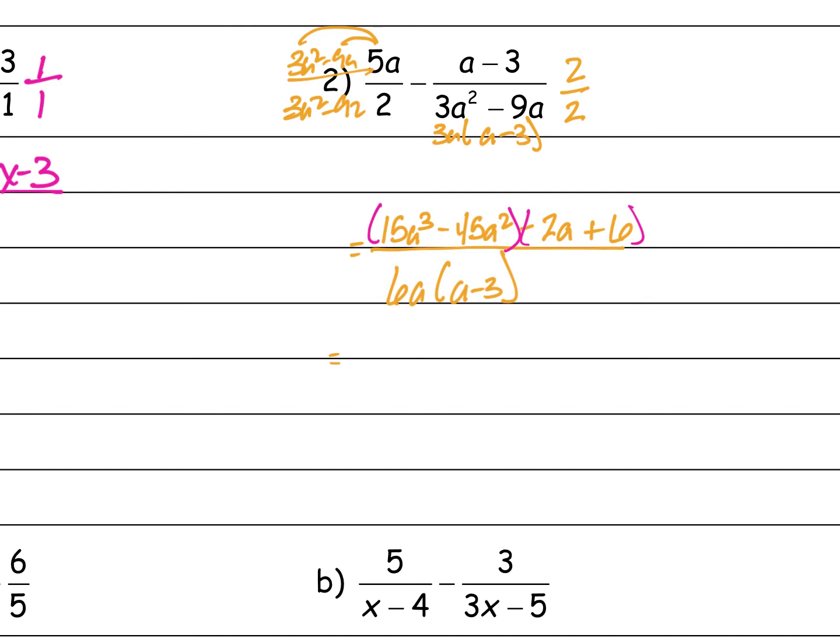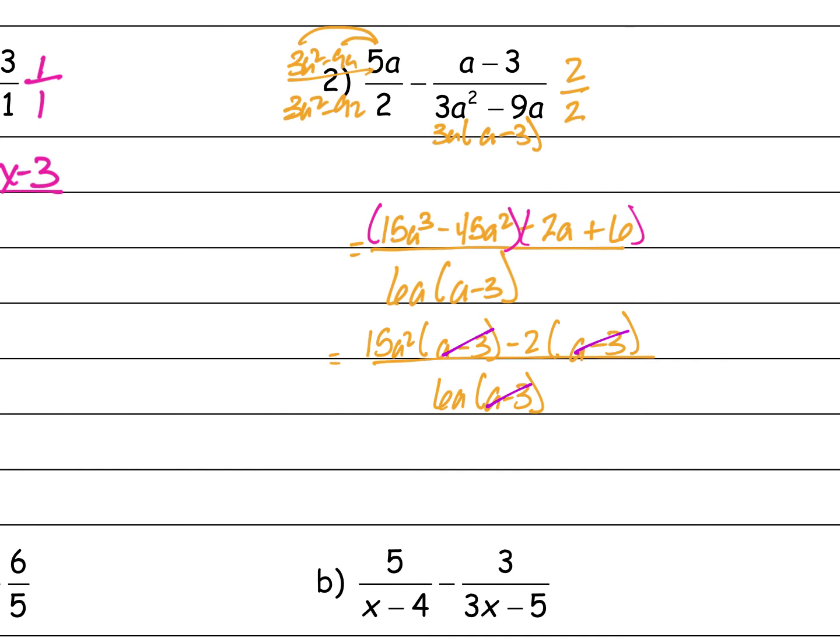I think I can factor a 15a squared out of the top, and I'm going to get a minus 3. And then I'm going to factor a negative 2 out of the second one and get a minus 3. And then I have a 6a times a minus 3. So all my a minus 3's go away, right?